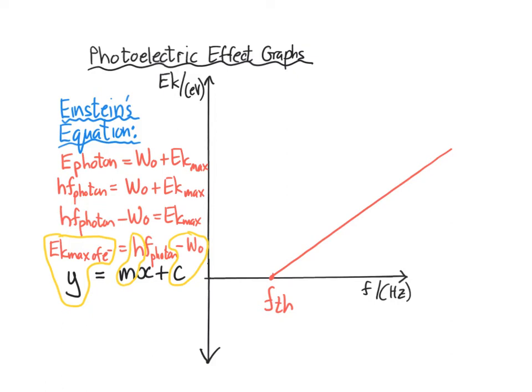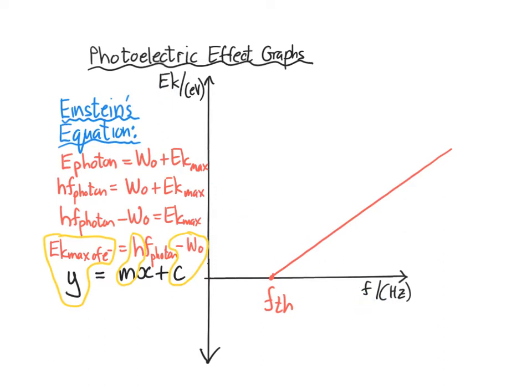In this final and third video of this video series on the photoelectric effect, we are going to focus very briefly on problems that involve photoelectric effect graphs. Now, in the simulation that I use to illustrate the photoelectric effect, we plotted graphs on the side that were kinetic energy versus frequency graphs.